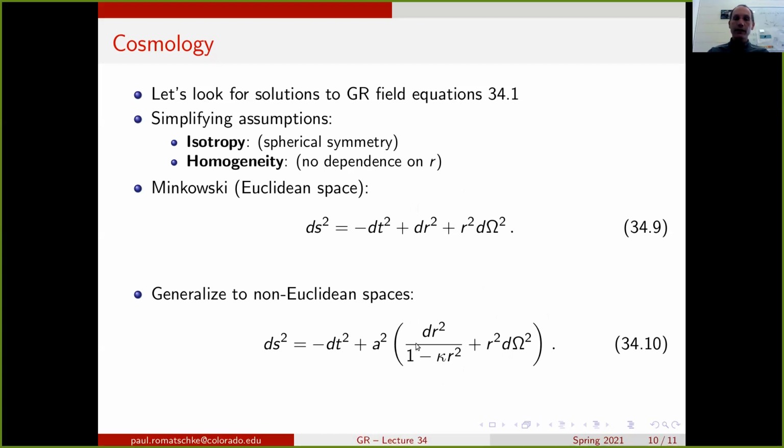So we have this ansatz here, where kappa again is 0, -1, or +1, and I have added this constant here, which was the 1 over square root of the cosmological constant that we had in the previous slides.